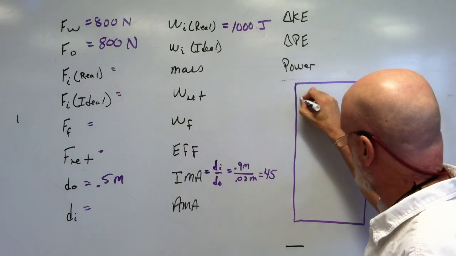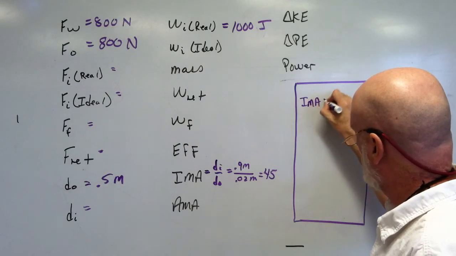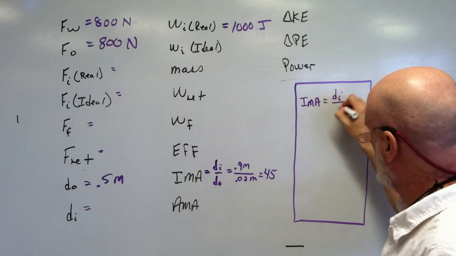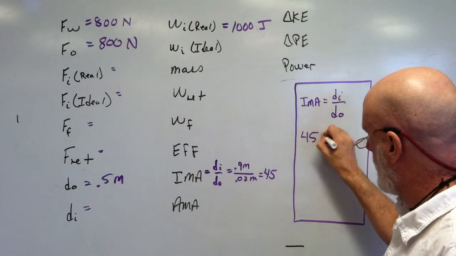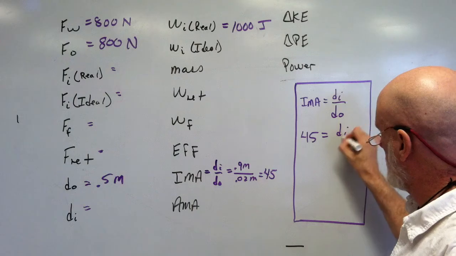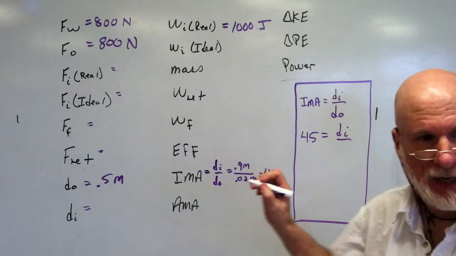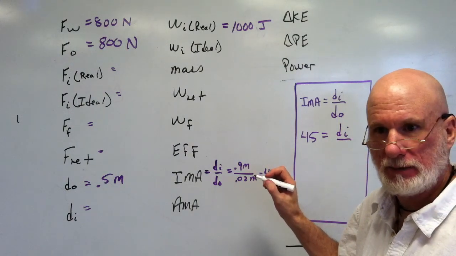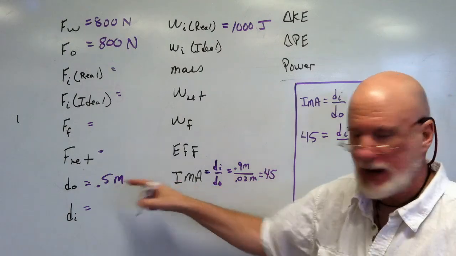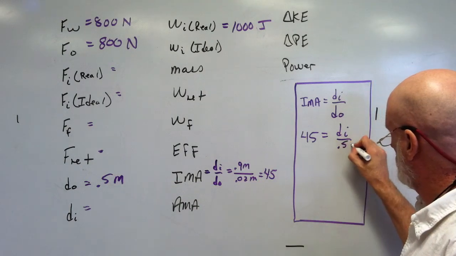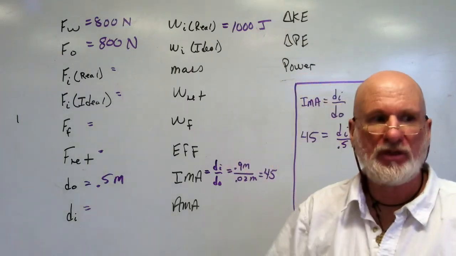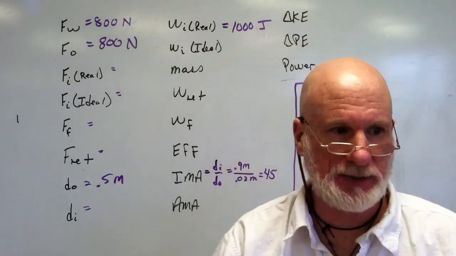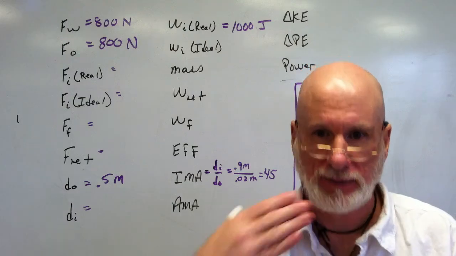So in other words, IMA equals DI over DO, correct? Yes. So I know my IMA is 45, and I know my DO is going to be 0.5.